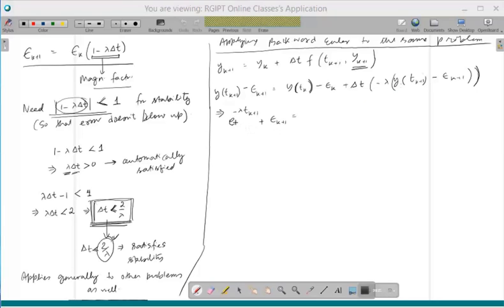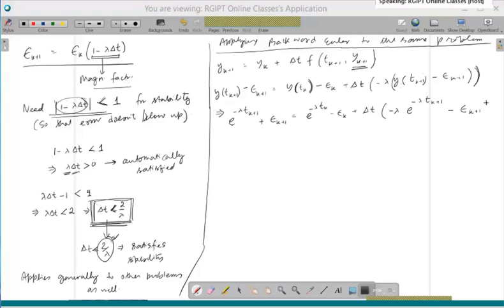Now I'm going to write down e raised to minus lambda t k plus 1. The right hand side will be e raised to minus lambda t k minus epsilon k plus delta t and minus lambda e raised to minus lambda t k plus 1, minus epsilon.